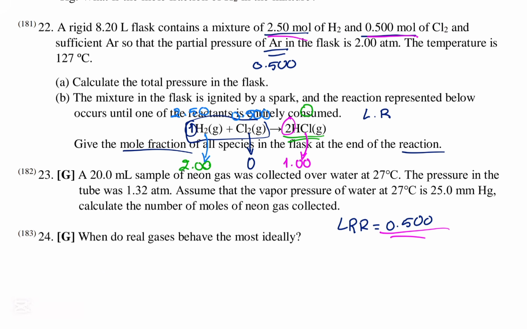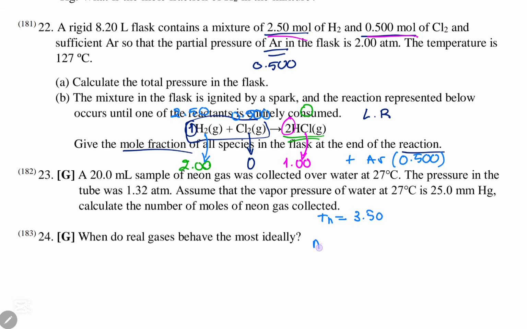Now, something important to not forget is that we also have argon. Argon just does not react, and it has 0.500 moles. So what is it that they want? They want the mole fraction. So let's calculate the mole fraction for all species. Let's start with H2. First of all, the total number of moles is 2 plus 1 plus 0.500, so 3.50 moles.